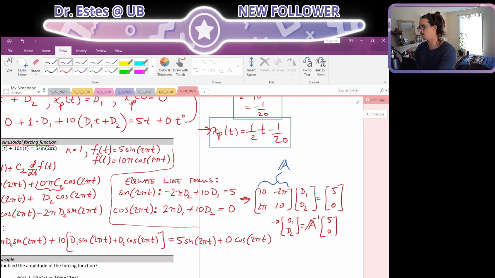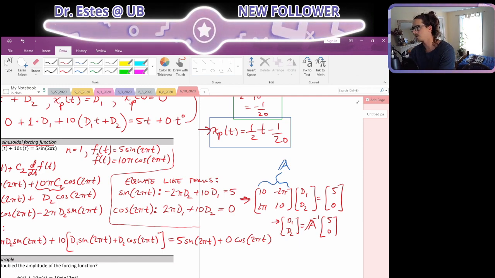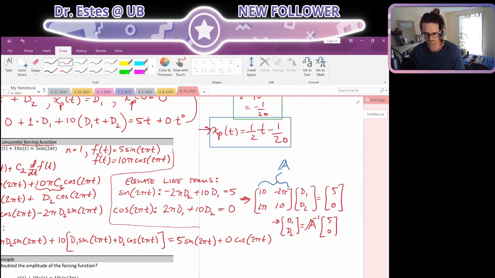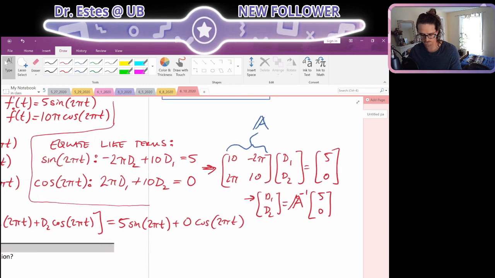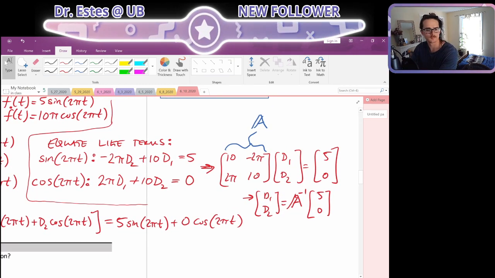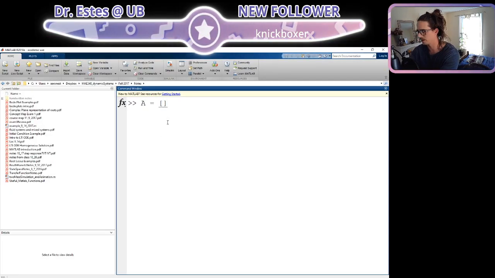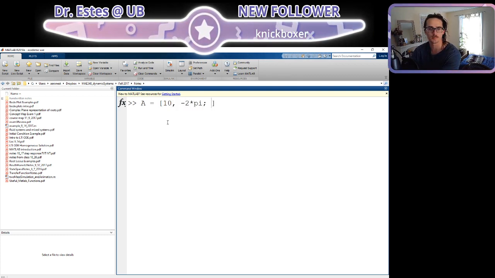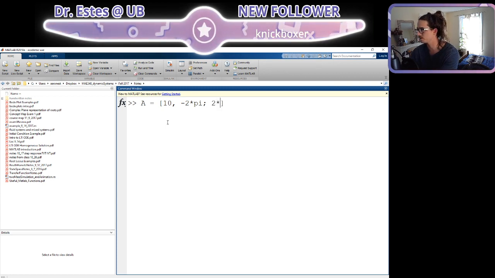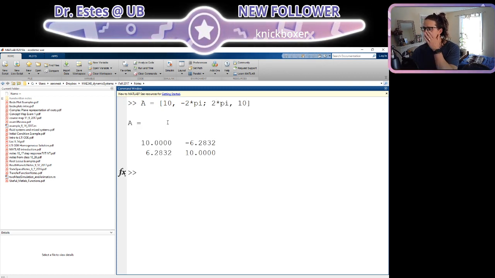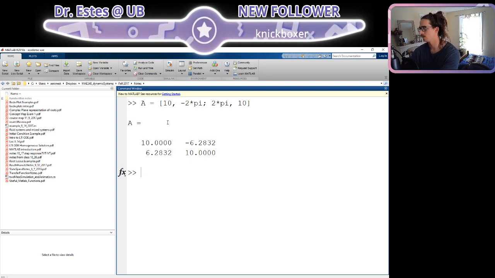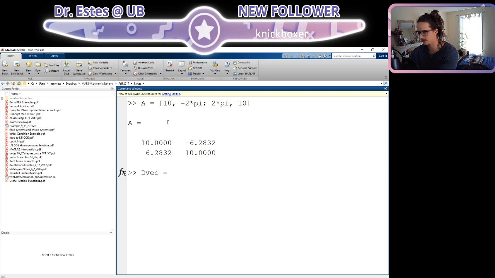I'll get MATLAB set up over here. Okay, so this matrix A that I just made up is 10, minus 2 times pi, and then you put a semicolon to go to the next row. You have 2 times pi and 10. So my vector of d values, that'll be d1 on top of d2.